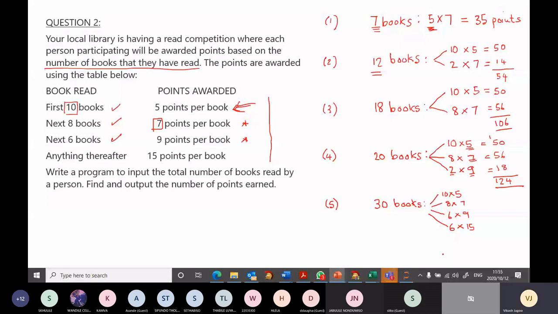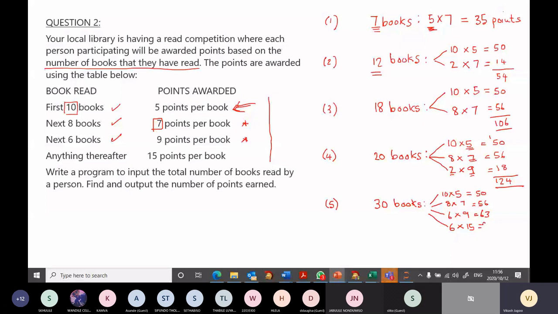And I'm now going to work out 10 times 5, 50. 8 times 7, 56. 6 times 9, 54. 15 times 6. What is 15 times 6? 15 times 6 is 90.